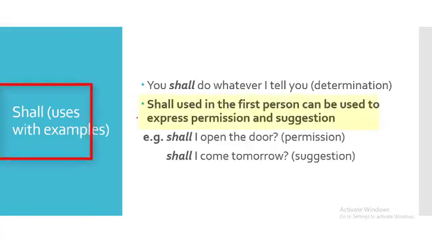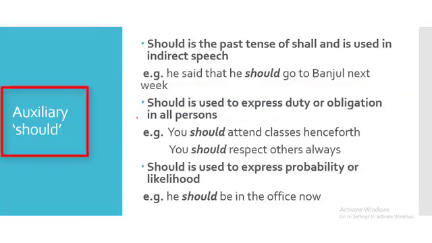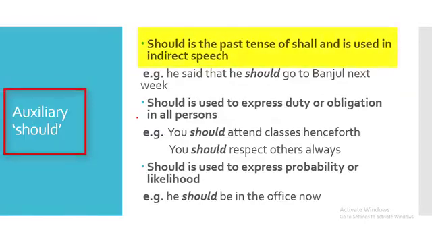You can also use shall in the first person to express permission and suggestion. Shall I open the door? Shall I come tomorrow? Then should is the past tense of shall, and therefore it can be used in indirect speech.